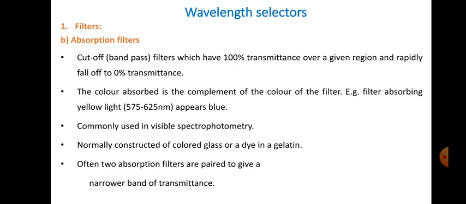These are basically made up of dye in a gelatin, and they are complementary colors. These absorption filters are commonly used in the visible region, or the work of visible spectrophotometry, and often two absorption filters are paired to give a narrow band of transmittance.